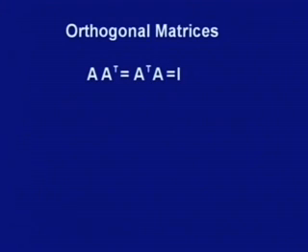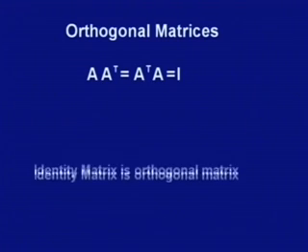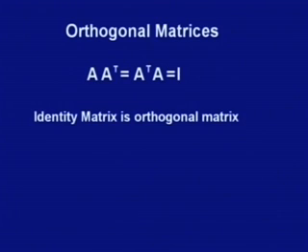Orthogonal matrices are used extensively in mathematics, and we define a square matrix to be orthogonal if it satisfies this property: A and A transpose, if they multiply together, they give us the identity matrix, that is A A transpose is equal to A transpose A is equal to I. This property is actually satisfied by the identity matrix.